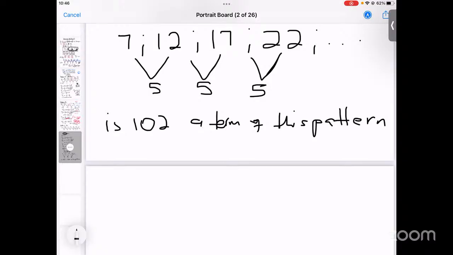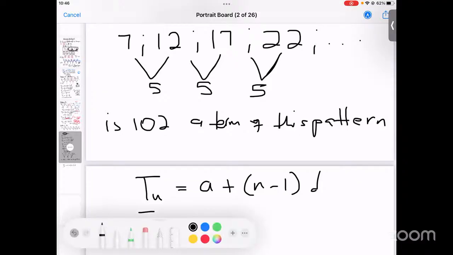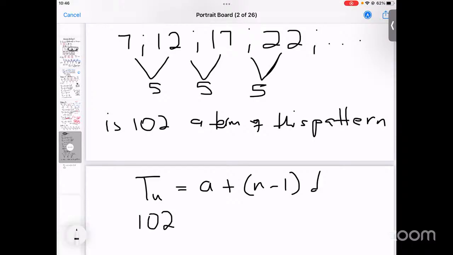And then you come back to your formula: Tn equals A plus (n minus 1) D. What you are looking for is n. It's like asking, is there a house where we have 102 people? Then you try to figure it out.